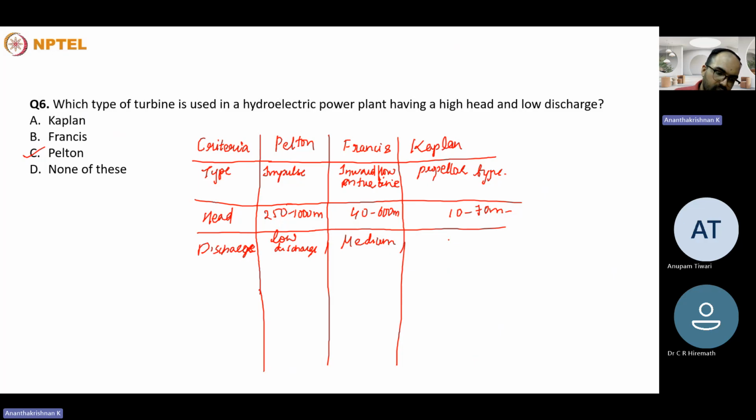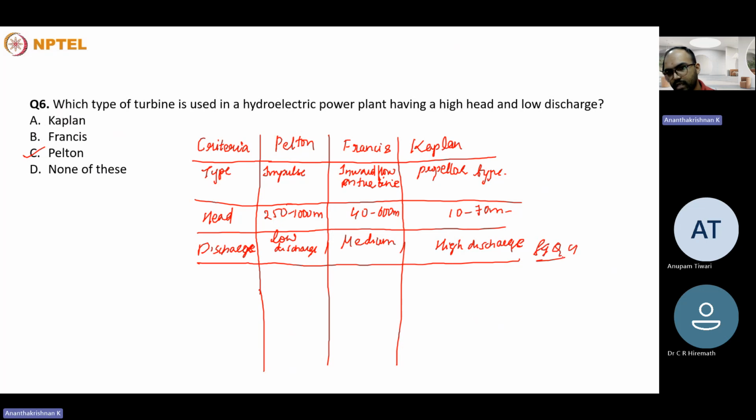Kaplan needs high discharge because its head is low. It has to compensate everything using the discharge. So in the rho GQH term, once head is less, you have to compensate using the discharge to get sufficient inlet power.